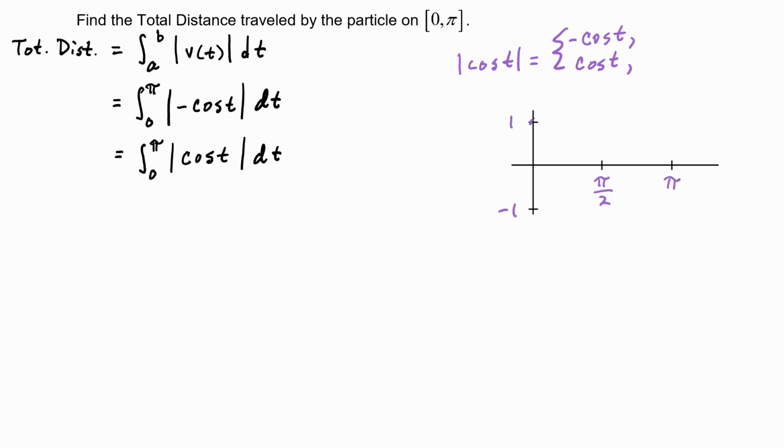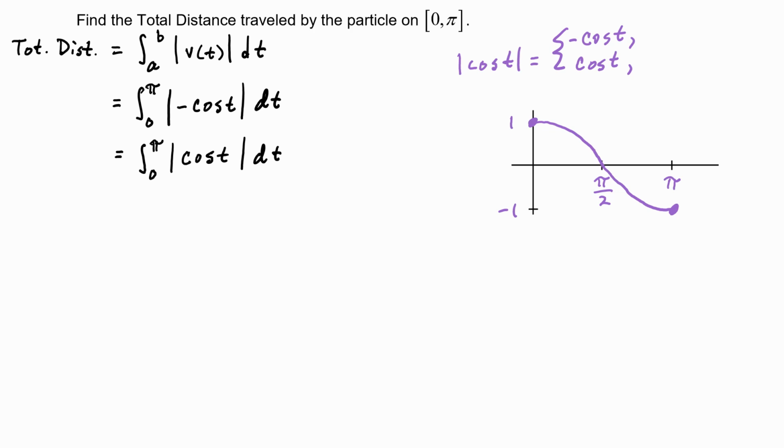Cosine starts out at its maximum, goes to a root at pi over 2, and ends up at -1 at pi. So this is the graph of cosine over the interval 0 to pi. Now what we need to do is come up with the graph of the absolute value of cosine t on this interval.